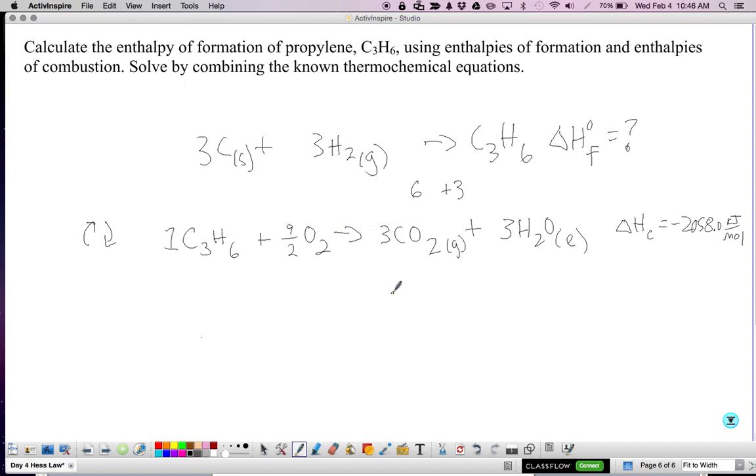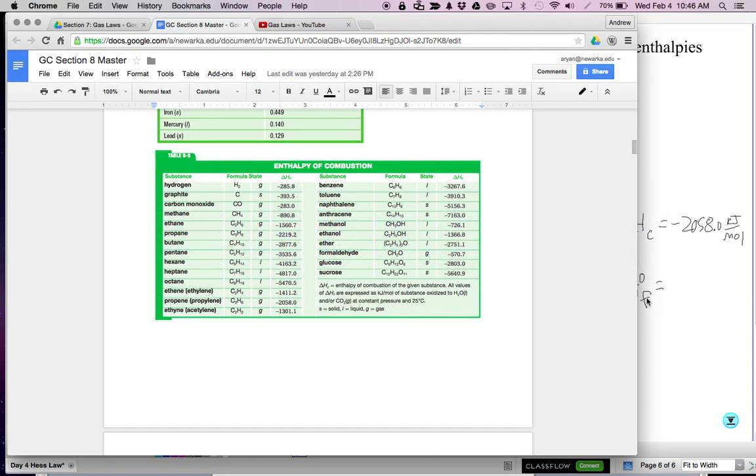I want you to pause and think about it, and if you have it, just do it. The best way to get rid of CO2 is going to be to do an enthalpy of formation of CO2, which is data that we have.